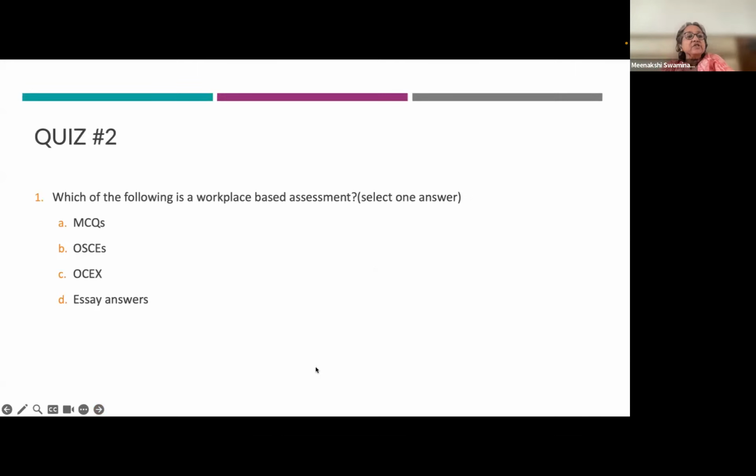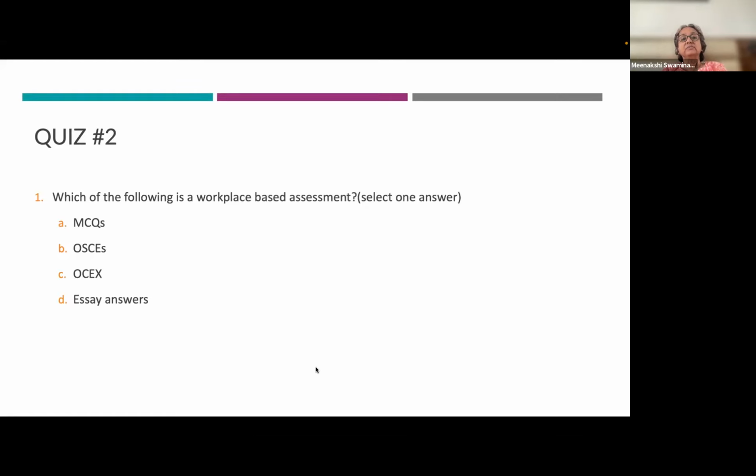And that takes us to the next and the last quiz for this talk. Eduardo, could we please have the quiz? Yes, just a moment. There we go. So the question here is, which of the following is a workplace-based assessment?